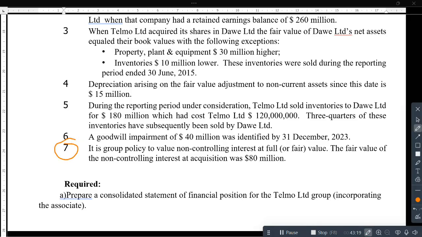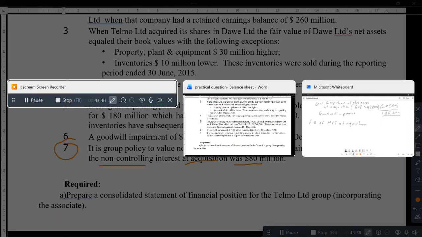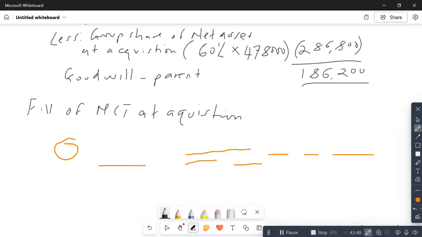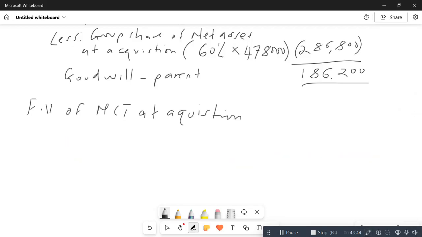They're saying it is group policy to value non-controlling interest at full or fair value. The fair value of NCI at acquisition was 80, which is 80,000.